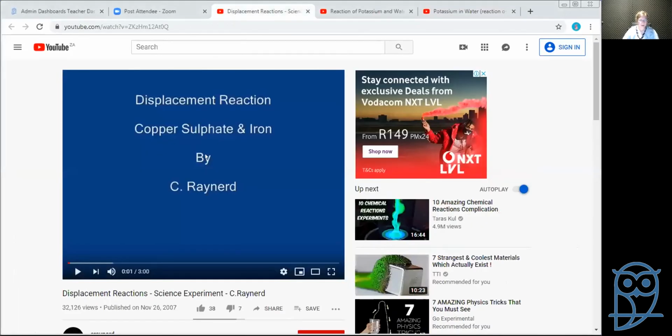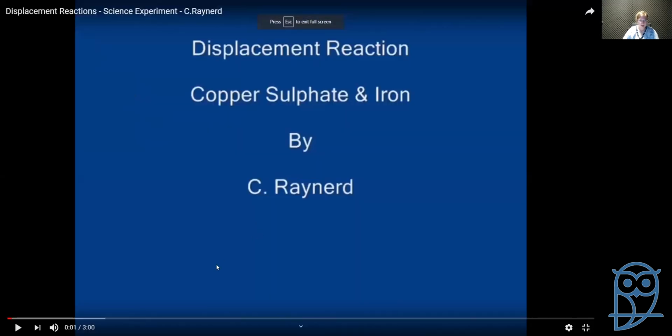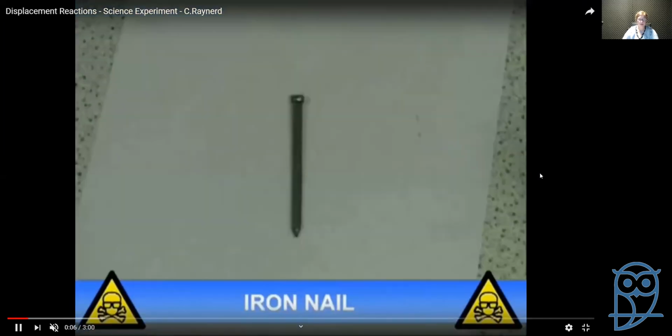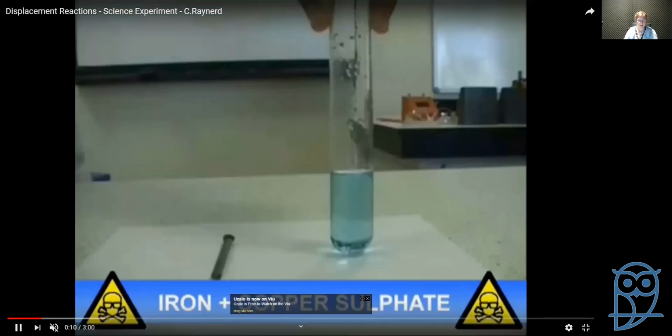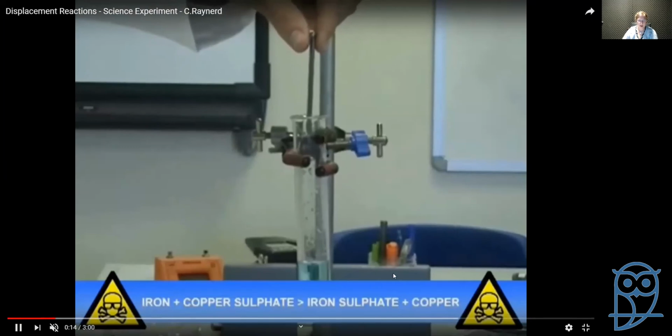So in terms of that, I'm just going to show you guys a displacement reaction very quickly. So here we go. So here he's got an iron nail, and he has some copper sulfate mixed in there.